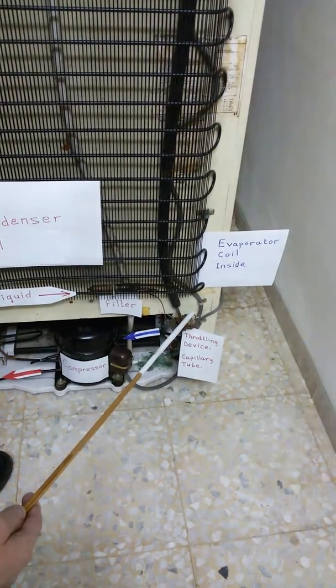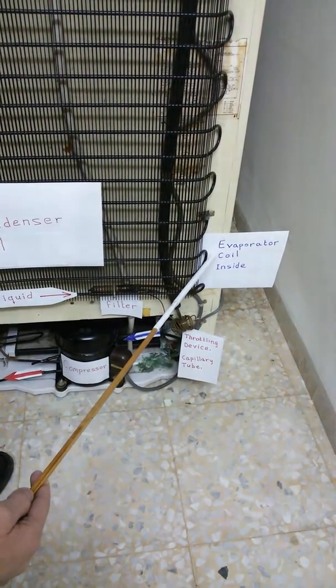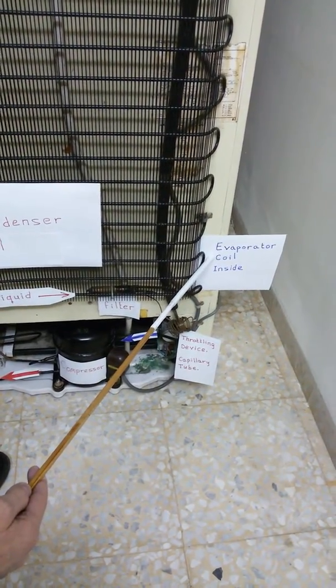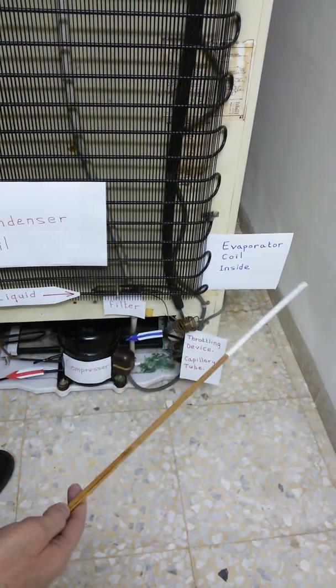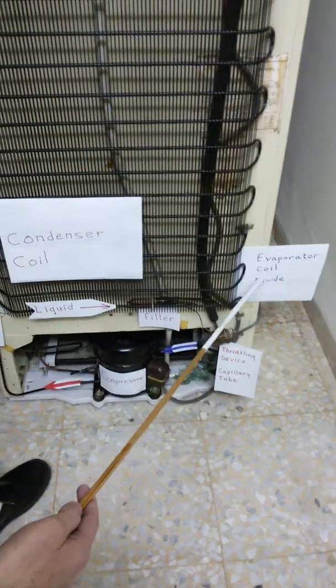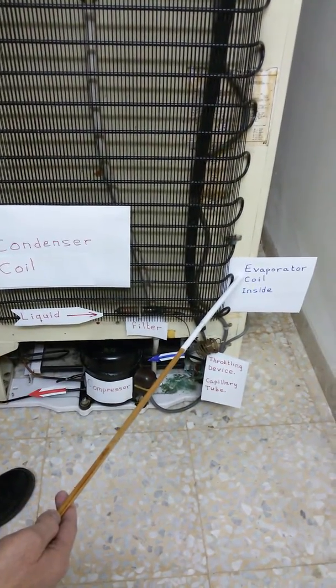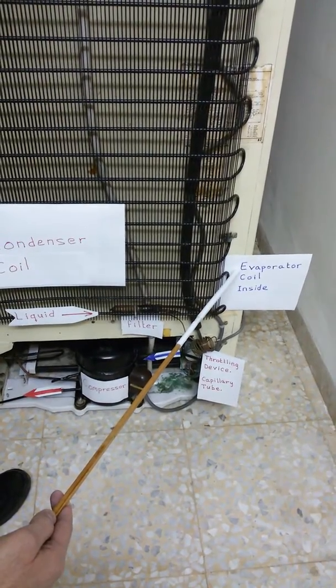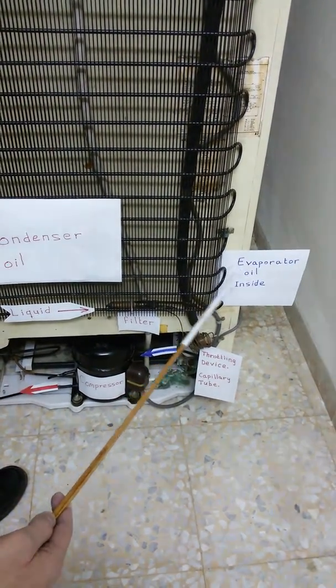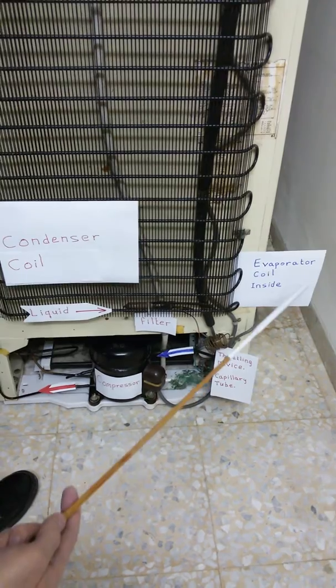So the particles of the liquid will spread away and be far away from each other, and that means that they are changing their state into a gas state, and that is evaporation, of course.